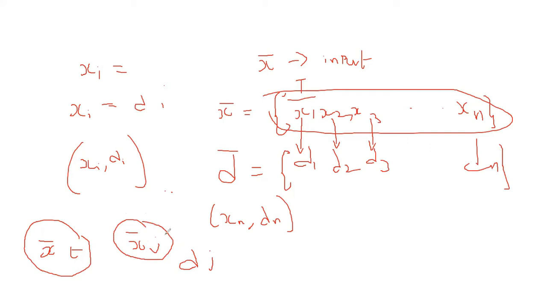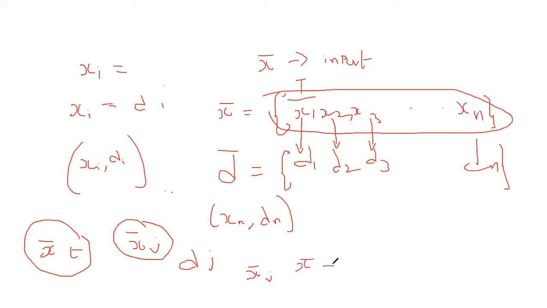The output of xj is dj, so the xt output is also dj. So let x bar j belong to the set of inputs x1, x2, up to xn. Now, how did we determine that x bar j is closest to x bar t?